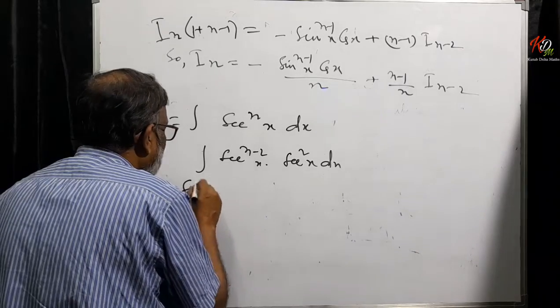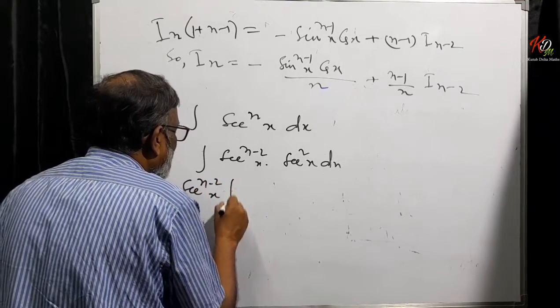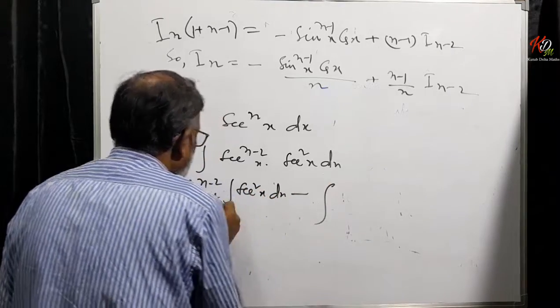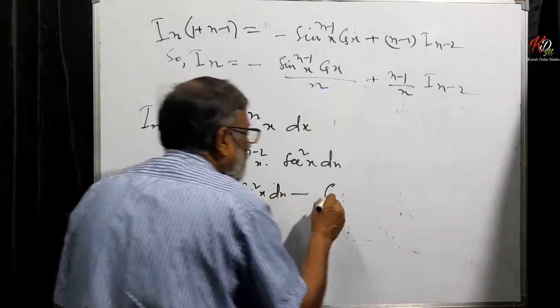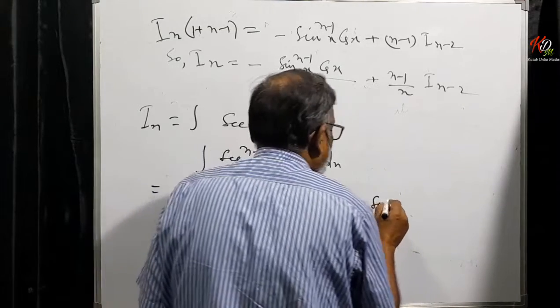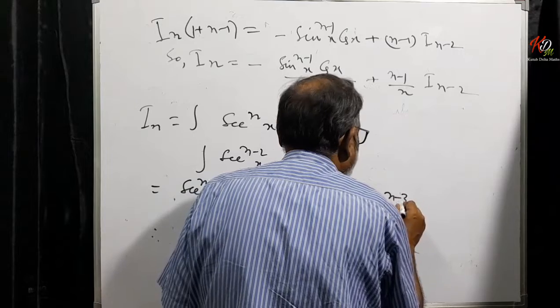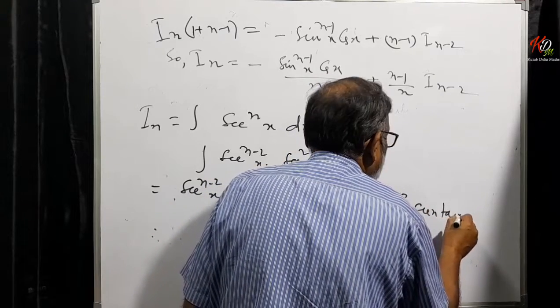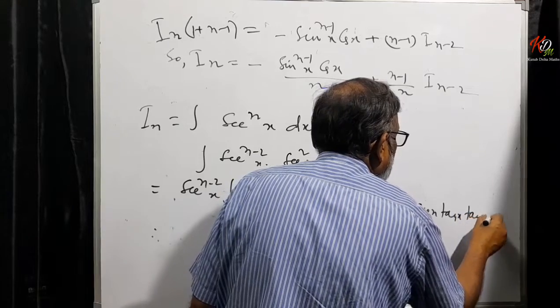Now, sec to the power n minus 2 x sec square x dx minus derivative of this, n minus 2, sec to the power n minus 3 x sec x tan x into tan x dx.